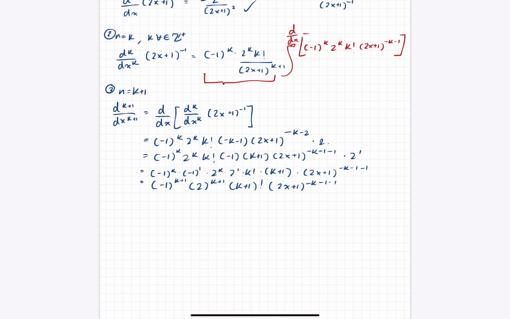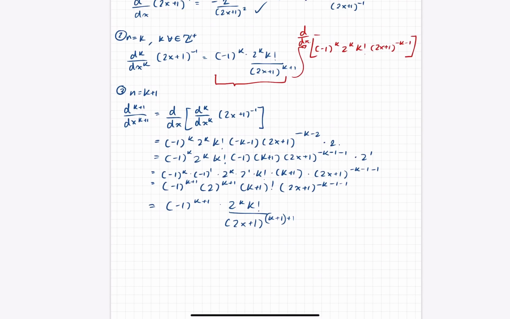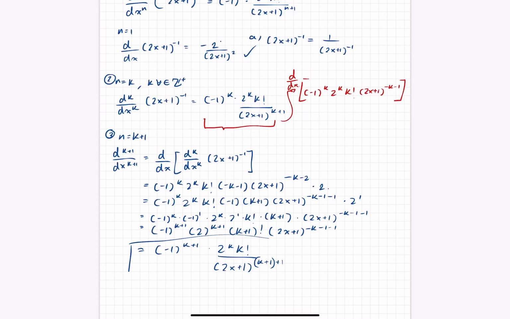And all we have to do is rewrite it. Times 2^k, k factorial. Instead of having this in the numerator, we're going to put this back in the denominator such that all our negatives become positives. And when you look at that, this proves that n is equal to k, which is equal to k plus 1.